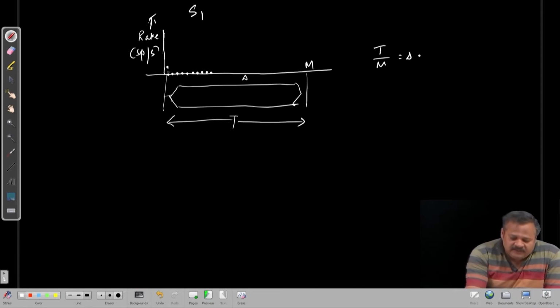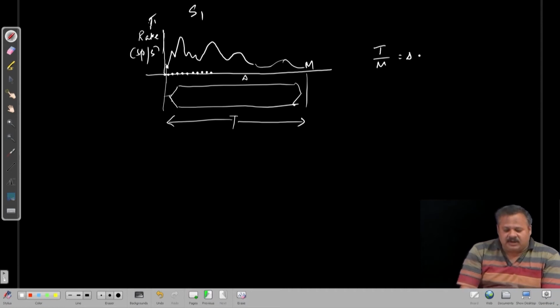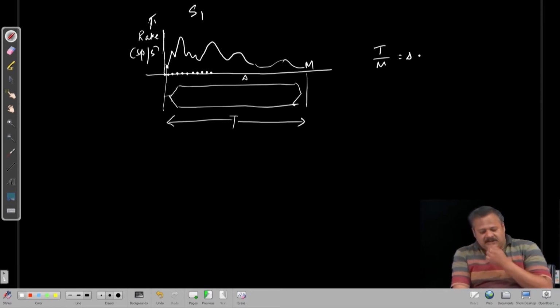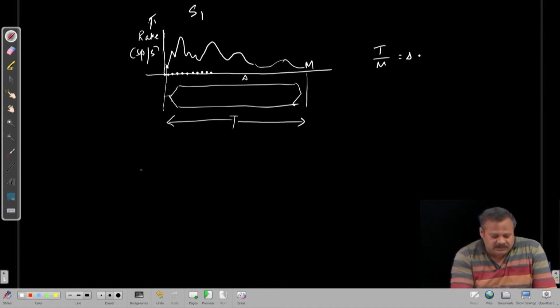In each of these bins there is a certain rate, spikes per second, and we call this the peristimulus time histogram, which measures the rate as a function of time in response to the stimulus.